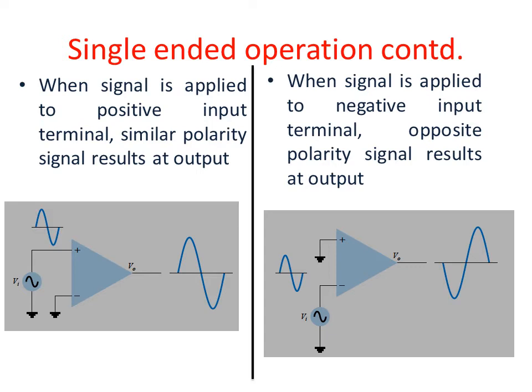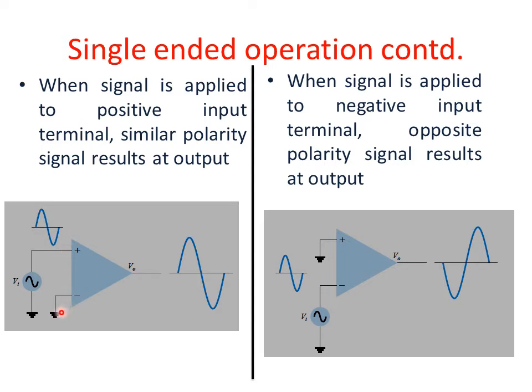It means that any signal applied to the negative terminal of OpAmp will not only be amplified but also be inverted at the output. Based on this, now let us see the operation.